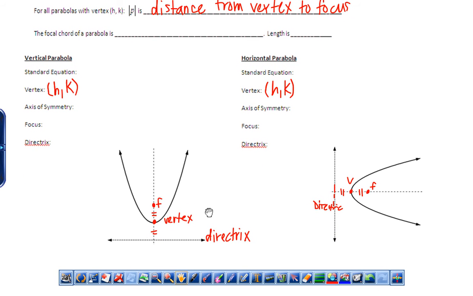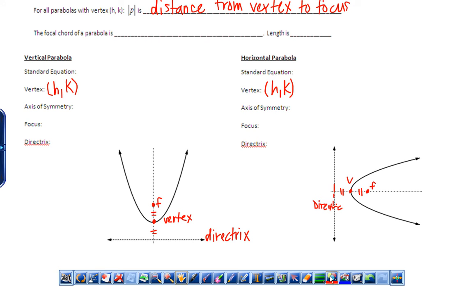So your distance from your focus to your vertex was the same as from your vertex to your directrix. Those are equal. I'm also now going to tell you that this is p. So they're not only the same, but they are called p.